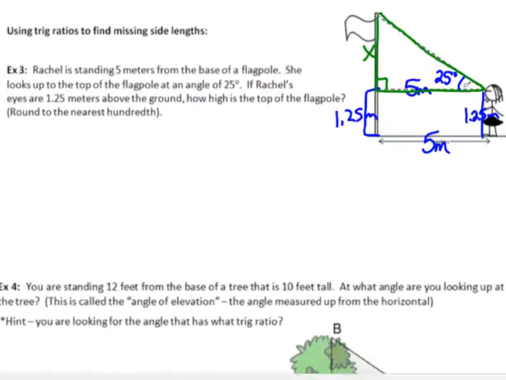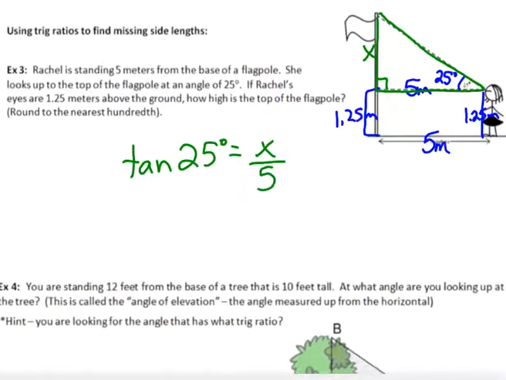I'm looking, the x is my opposite side from 25 degrees and the 5 meters is the adjacent side. So I'm going to be using tangent for this. So always identify what type of trig ratio you're going to be using. So tangent of 25 degrees equals the opposite side of x over the adjacent side of 5 meters.